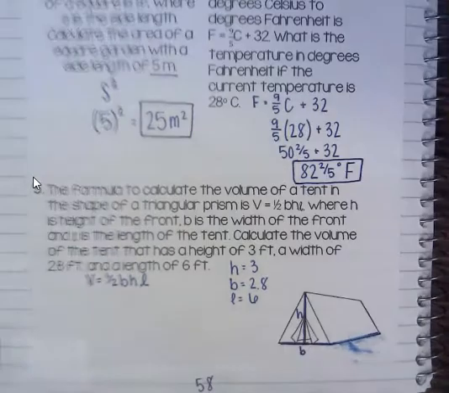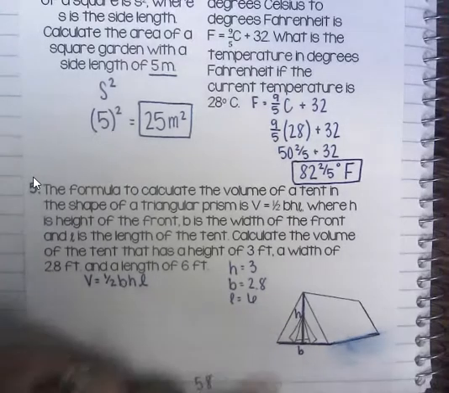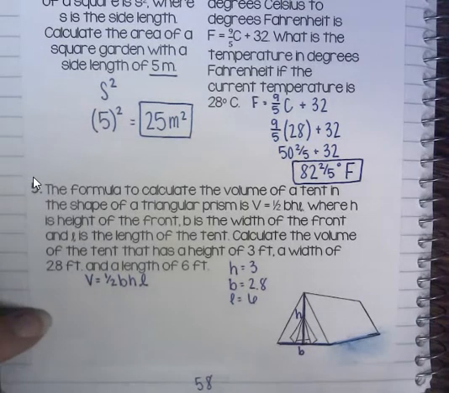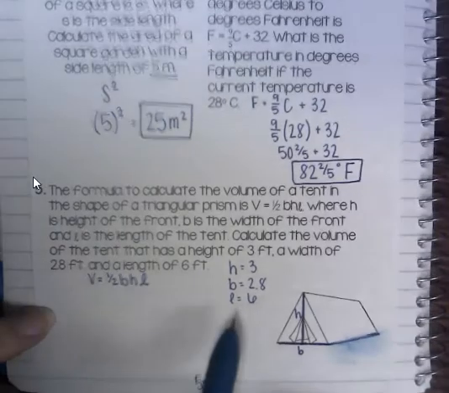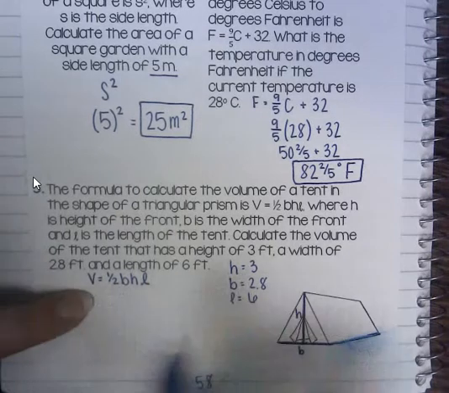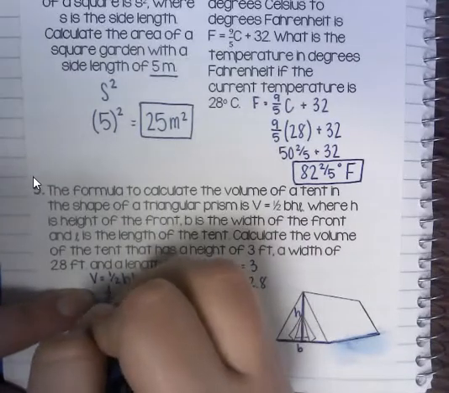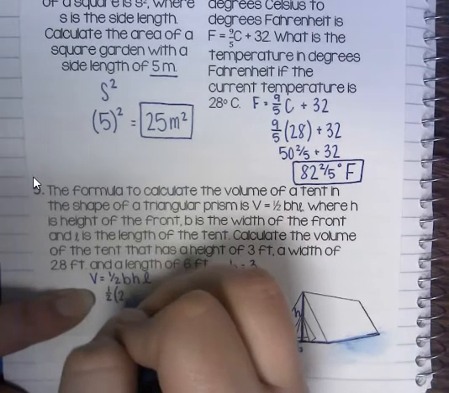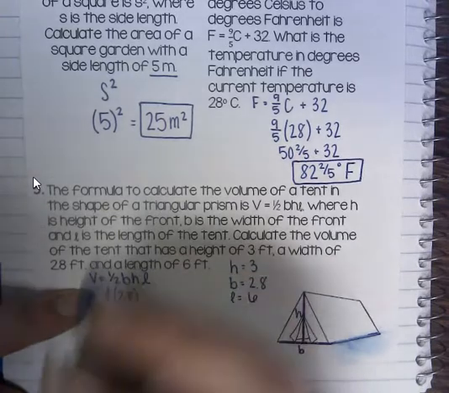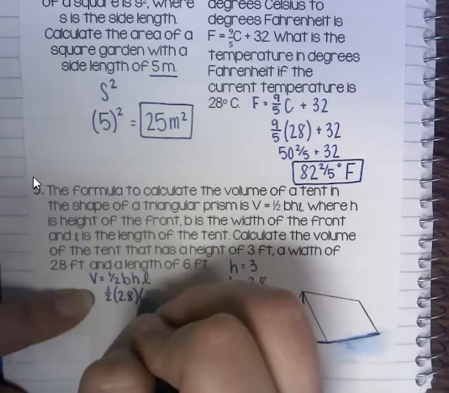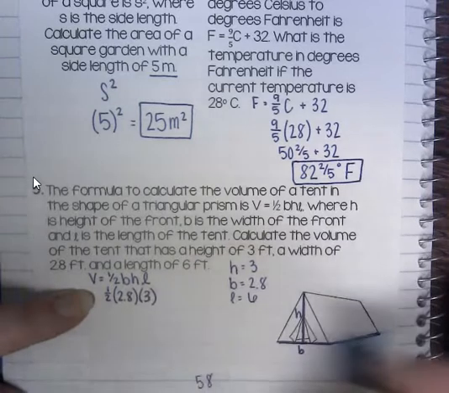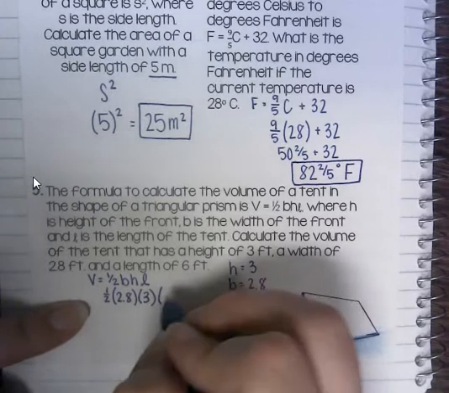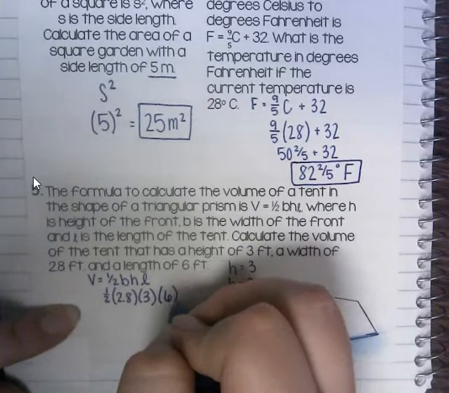Now I have messed up all this down here because I had to use tape, but you guys can still see it. So we're going to go ahead and substitute 1/2 parentheses base, which is 2.8, close parentheses, open parentheses, height, which is 3, close your parentheses, length, which is 6, so open parenthesis, 6, close parenthesis.